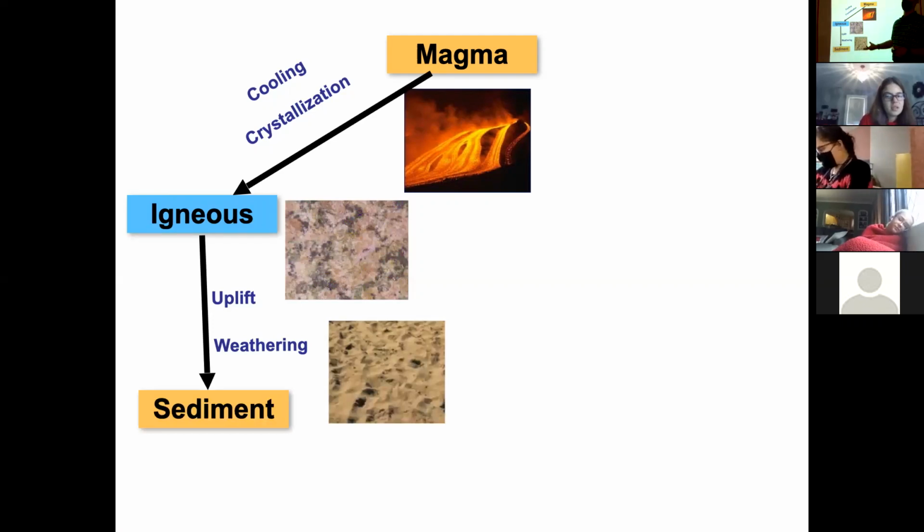Sediment is the collective term for those smaller pieces. Here we have some sand, and sand is sediment. It used to be part of much larger rocks and mountains, and now it's not. I always thought sand was made of broken up shell. Yeah, it can be.